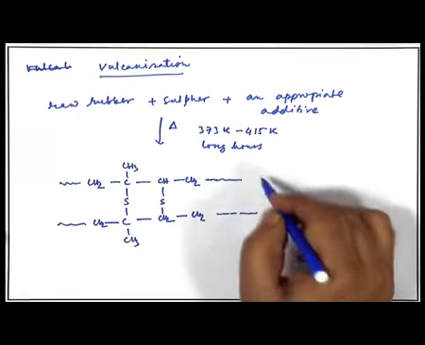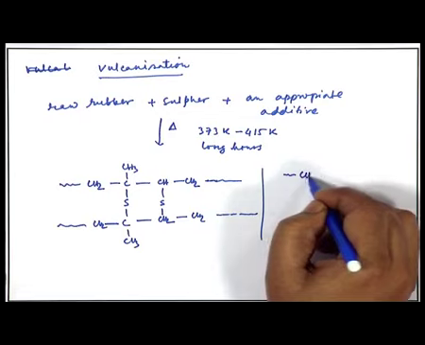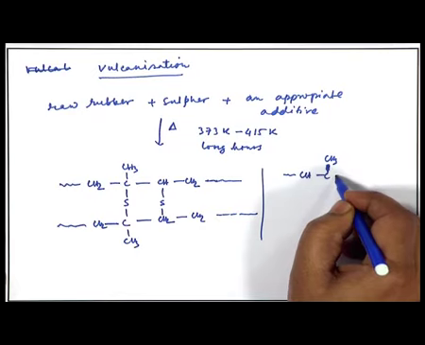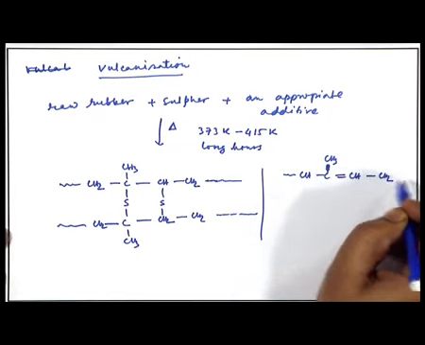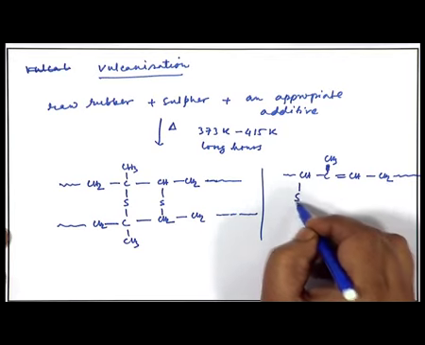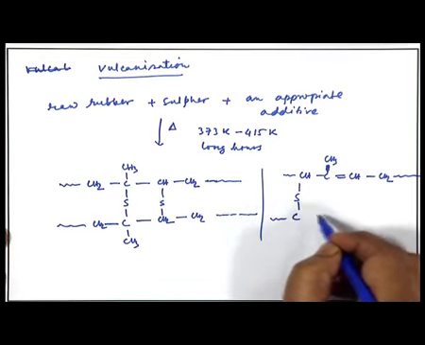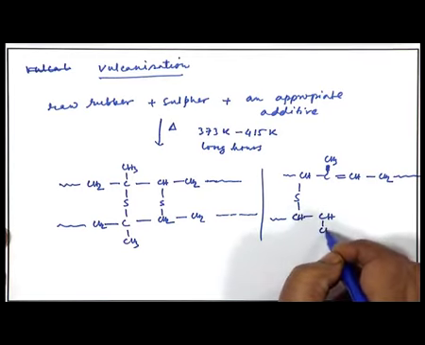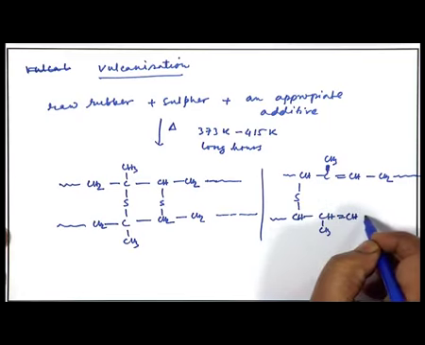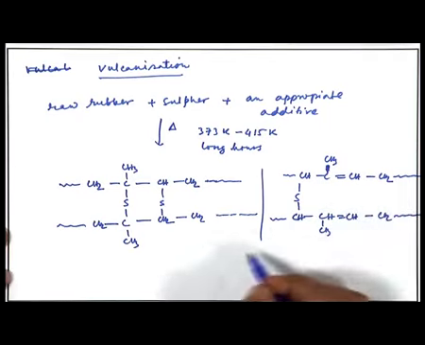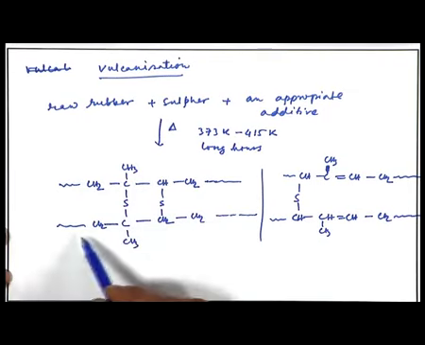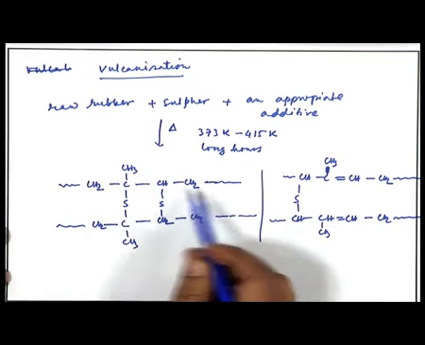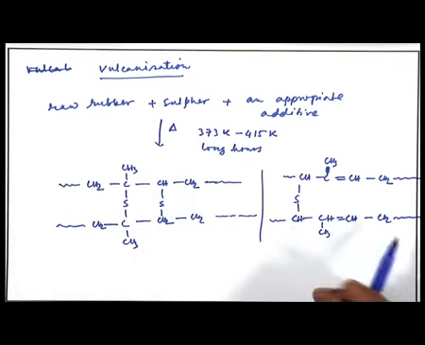The other possibility could be this. So, cross linking happens between two natural rubber chains, which are basically cis-1,4 polyisoprene, what we talked about earlier.